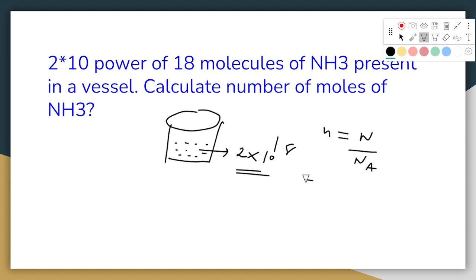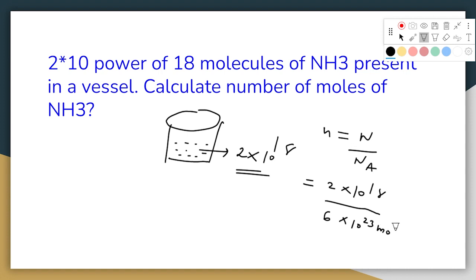So the number of molecules is 2 into 10 to the power of 18, divided by the Avogadro number. For simple calculation I am taking it as 6, actually 6.022 into 10 to the power of 23 per mole, but for simple calculation I am writing 6 into 10 to the power of 23 per mole.